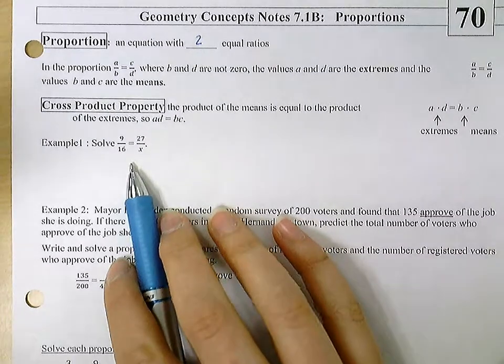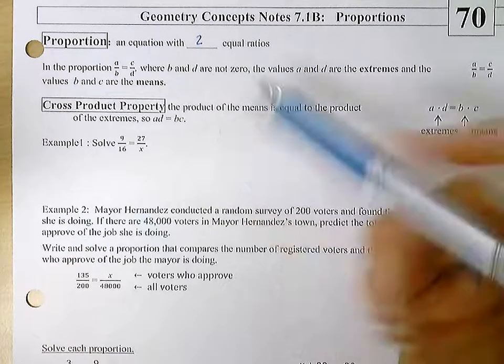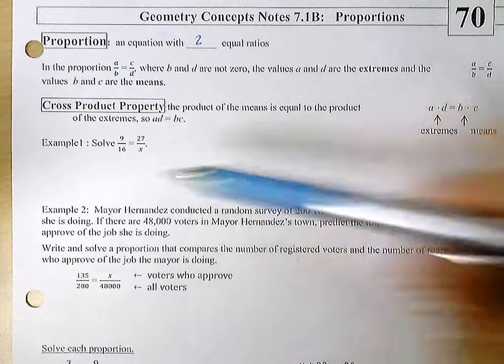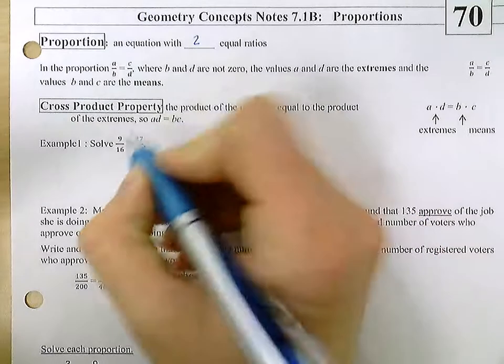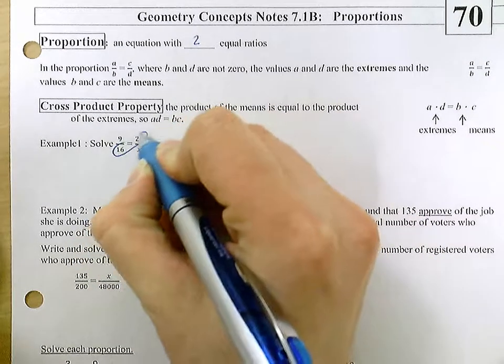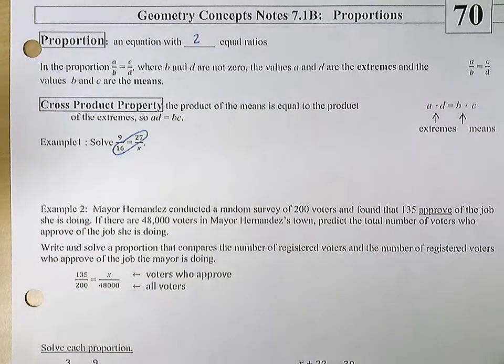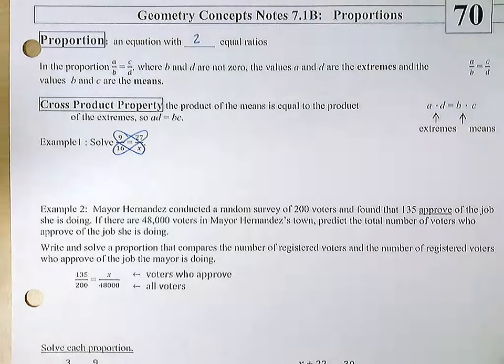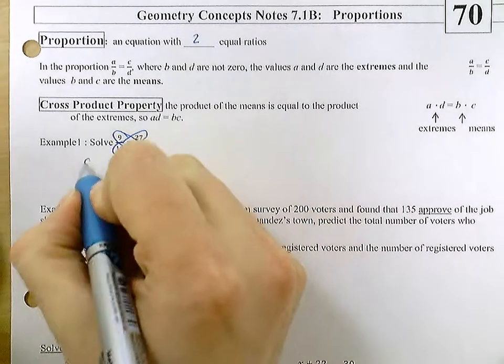So example 1, we have our two ratios here. 9 over 16 is equal to 27 over x. Our cross product property, we're going to multiply 16 and 27 and multiply 9 and x. Okay? So we have 9 times x is 9x.